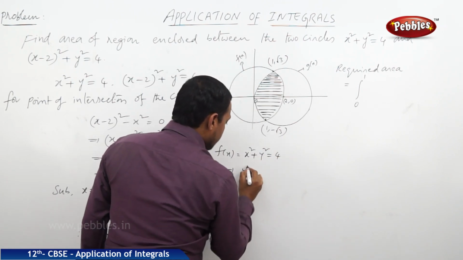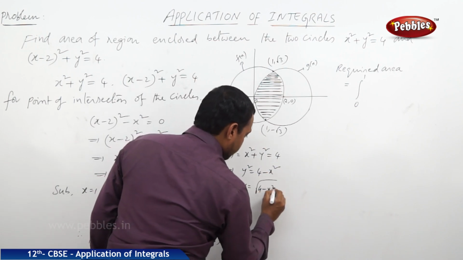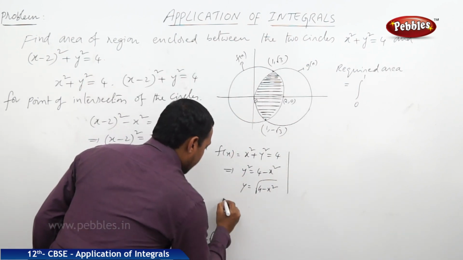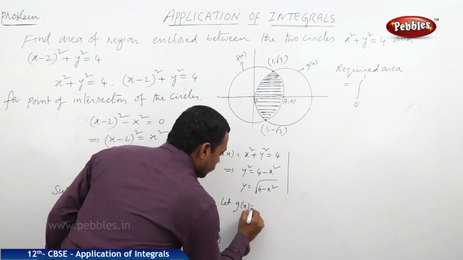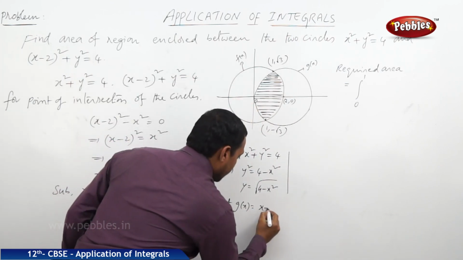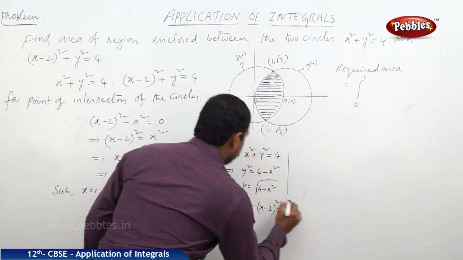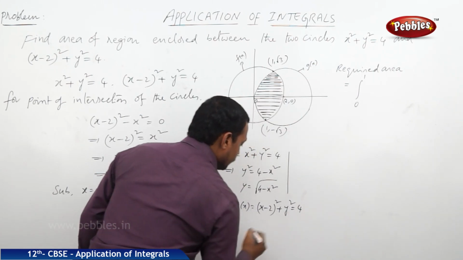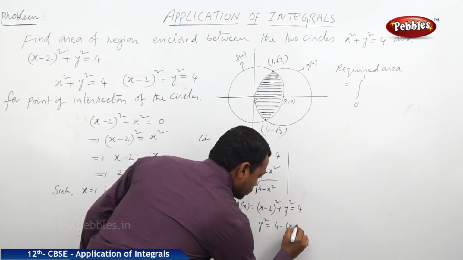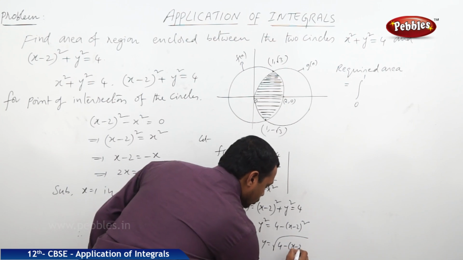From this, y square is equal to 4 minus x square and y is equal to root of 4 minus x square. And similarly, let us take the other curve g of x. What is that? That is (x minus 2) whole square plus y square is equal to 4. From this, y square is equal to 4 minus (x minus 2) whole square, or y is equal to root of 4 minus (x minus 2) whole square.